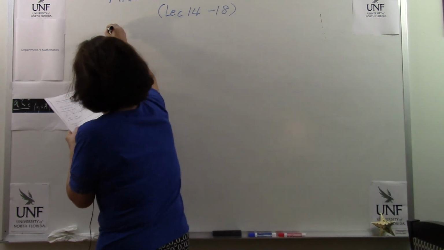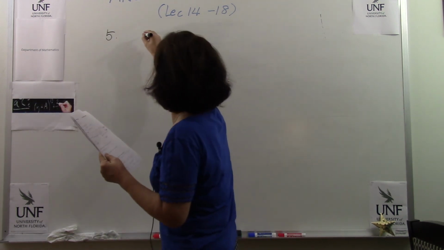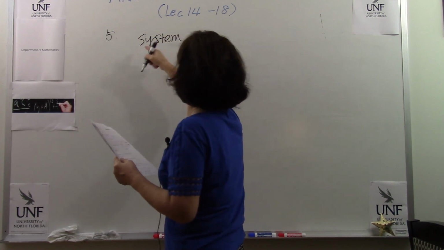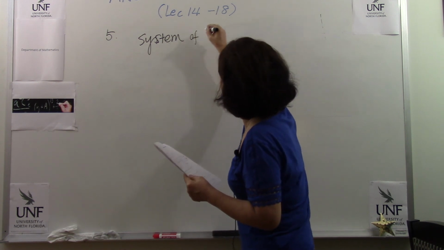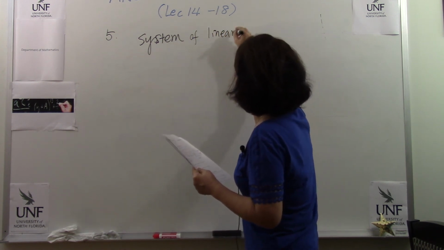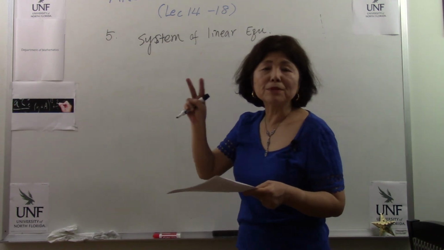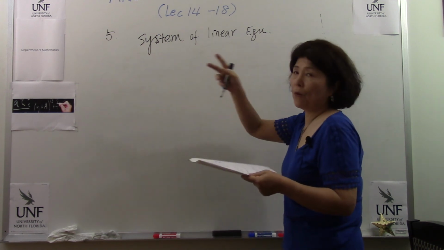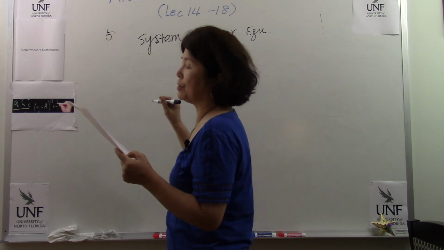Number 5. Solve the system. So what do we mean by system? Well, I kind of just made it short, but system of linear equations. Not just one, sometimes 2 together, sometimes even 3 together, but at this level we are going to have just 2 together. 2 variables and 2 equations.